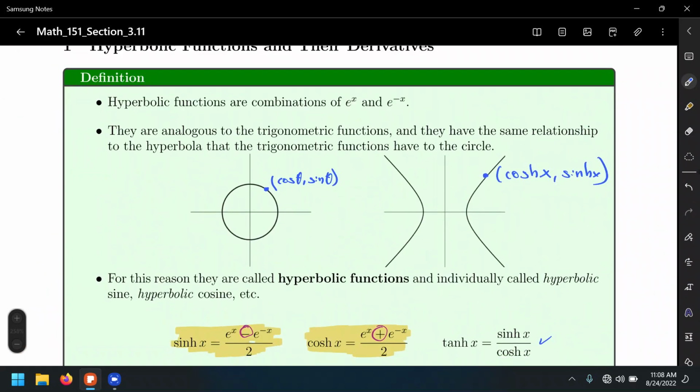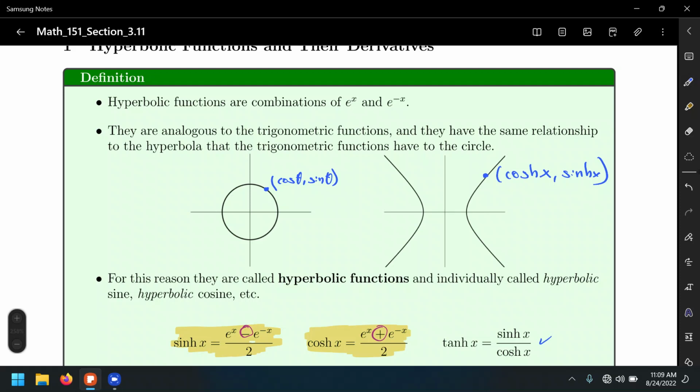Again, this all stems from the fact that trigonometric functions are functions that describe points around the circle. For the sake of simplicity, we just talk about the unit circle, but ultimately it can be a circle of any radius. So that's not limited to just a unit circle. As opposed to hyperbolic functions, which are functions that describe points along the hyperbola.